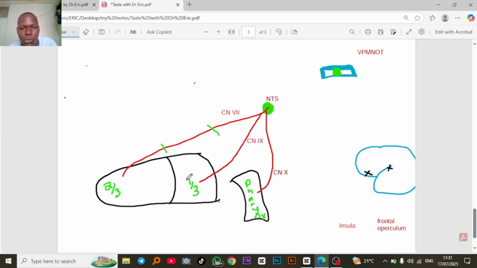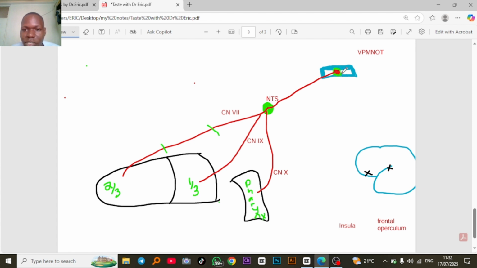So what will happen to the information from the nucleus tractus solitarius? From the nucleus tractus solitarius, the information is taken to the thalamus. That's the relay station for the sensory signals except for smell, which we shall cover later.